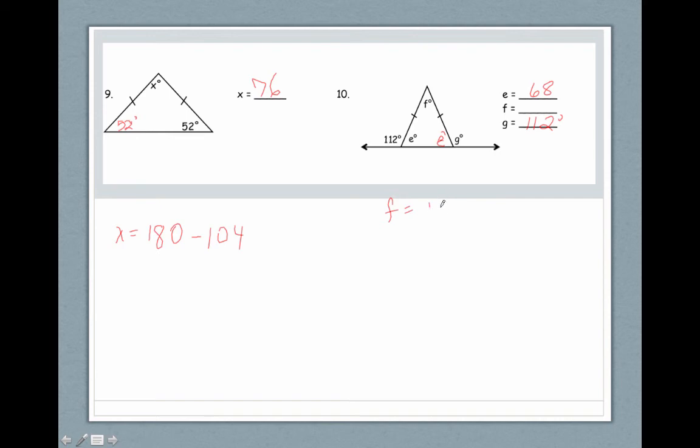F is 180 minus 68 plus 68, because that's the other two angles in the triangle. That's 136. So we've got 44.